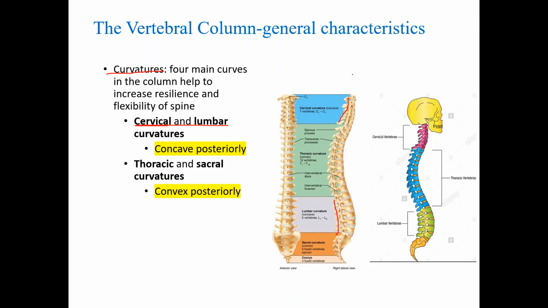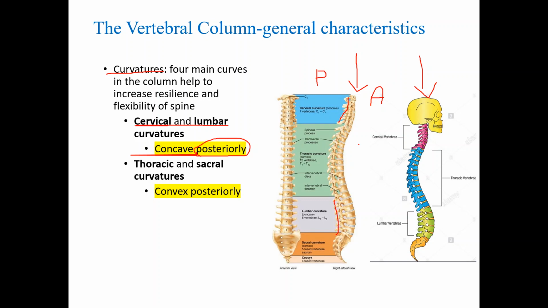And when we talk about curvature, we refer to a posterior view, a posterior orientation. So first of all, let's orient our spinal column here, and I put this drawing here to make sure you orient yourself always in the right way. This is going to be your anterior, and this is going to be your posterior view.